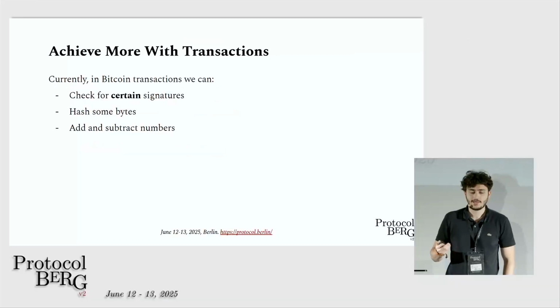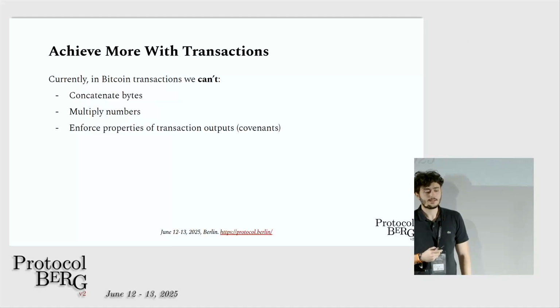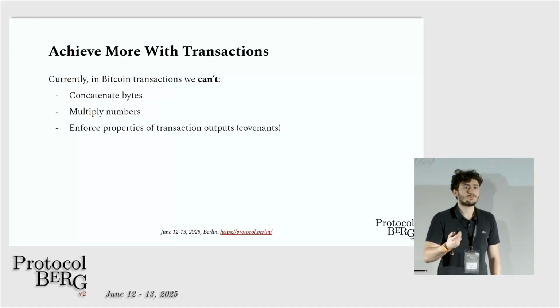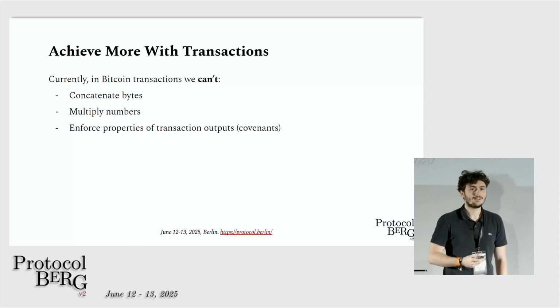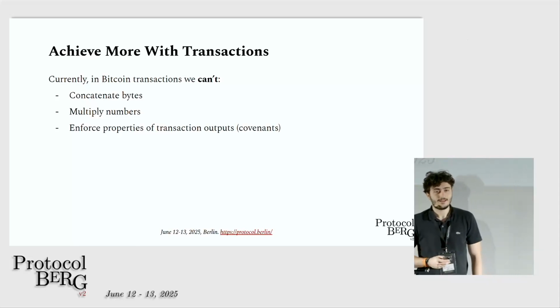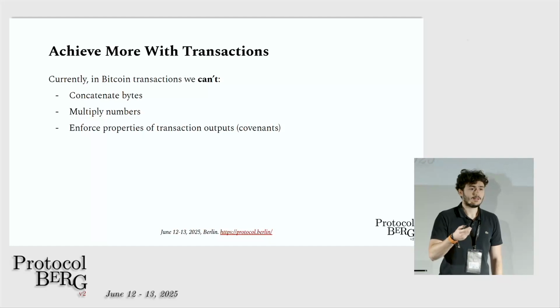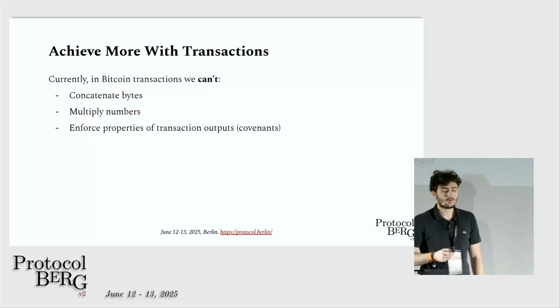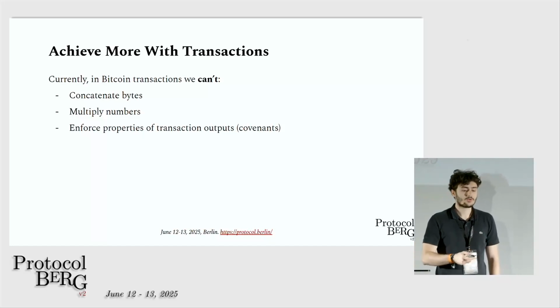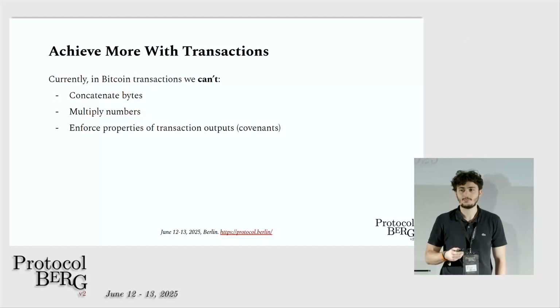You can hash some bytes, that's useful, and you can add and subtract numbers. But you can't multiply numbers, so that rules out a lot of stuff, right? Makes it infeasible to do a lot of math. You can't concatenate bytes, so you can't do, for example, Merkle proof verifications. And I think most importantly, you can't enforce properties of transaction outputs. This is usually called covenants in the Bitcoin world.